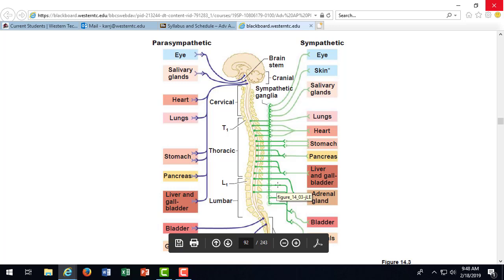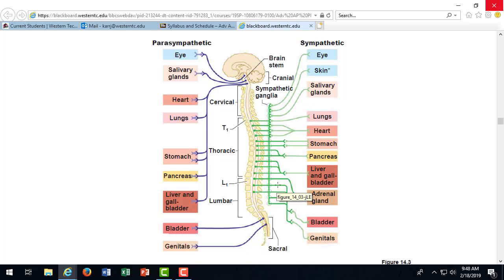So this is the thoracolumbar division, we call it, because all those neurons come off in this region of the spinal cord. So if you think about spinal cord damage, if we have spinal cord damage in T1 to L1, is that going to affect parasympathetic activity? No. It's not, because those neurons are not running through that area.